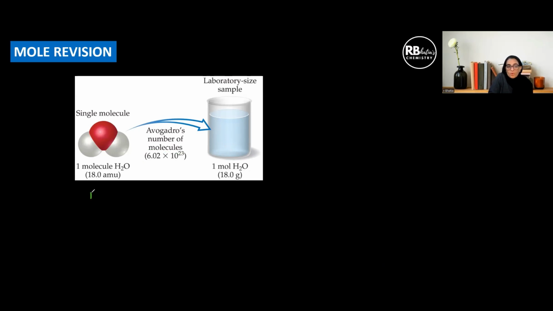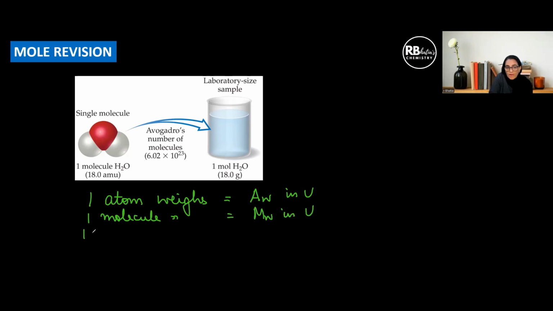So one atom weighs equal to atomic mass in U. One molecule weighs molecular weight in U. But one mole of atoms, which we also call gram atoms, gram atoms meaning one mole of atoms, is equal to gram atomic mass, that is atomic weight in gram.